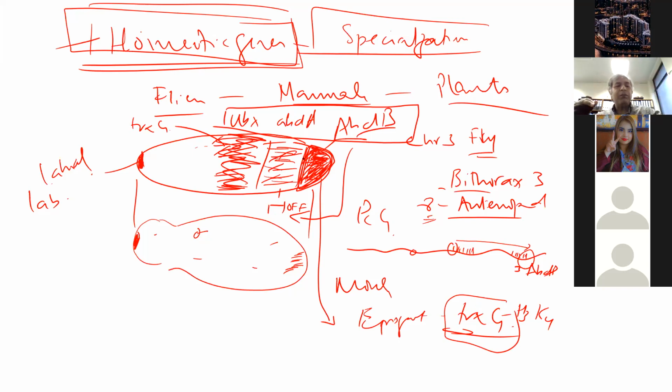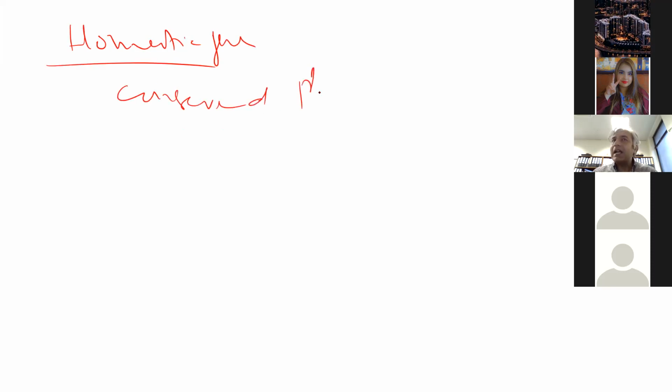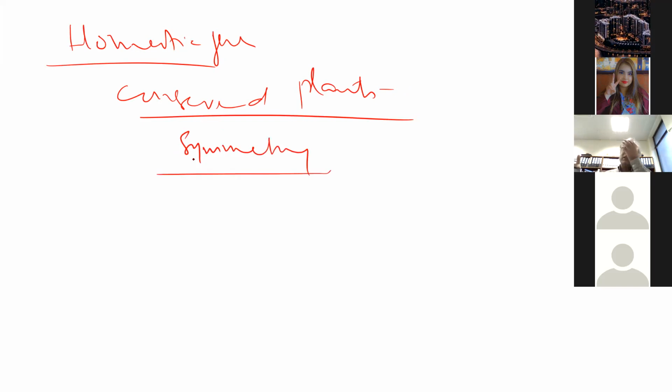You may be surprised, these homeotic genes are conserved in plants as well. The function of homeotic genes in plants is also symmetry, the pattern formation, and specialization of cell types.